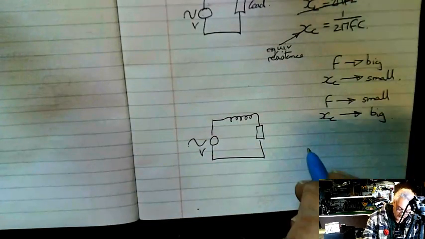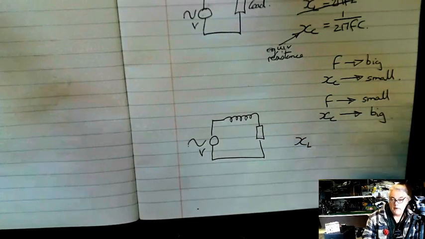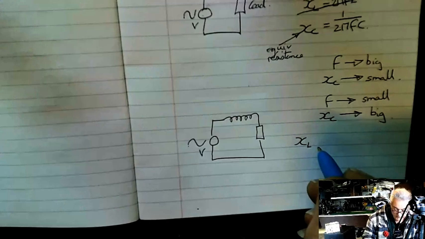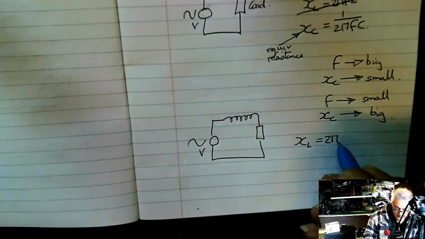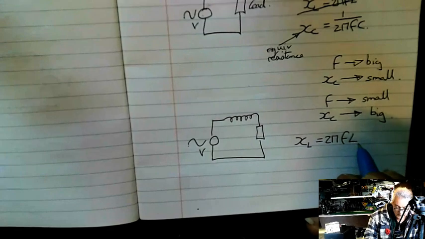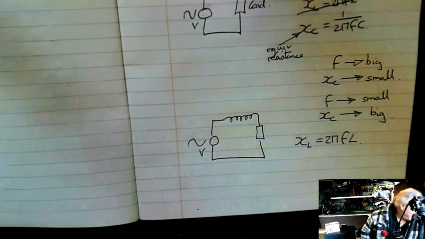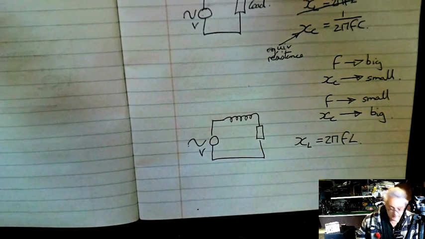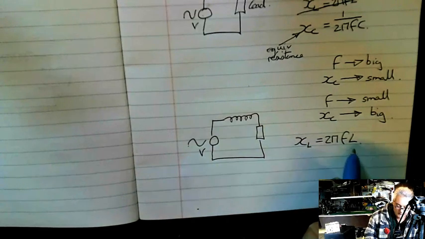So the equation, which I crossed out up here because I didn't want to cause confusion there, is XL, the equivalent resistance, AC resistance, equal to 2 pi FL. Now you'll see some indication of where these equations come from in a minute when I go back to first principles and do a little bit of calculus, but I don't want to confuse the matter too much. So XL is equal to 2 pi FL.